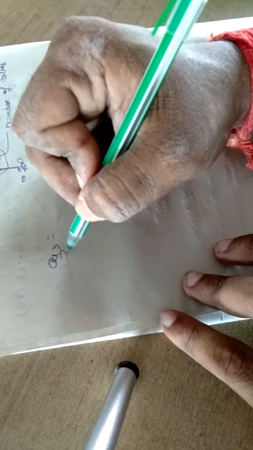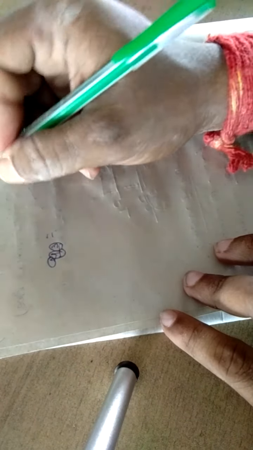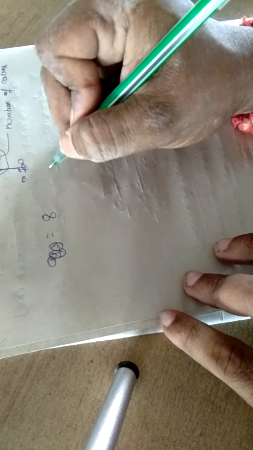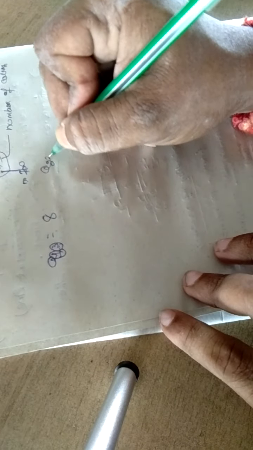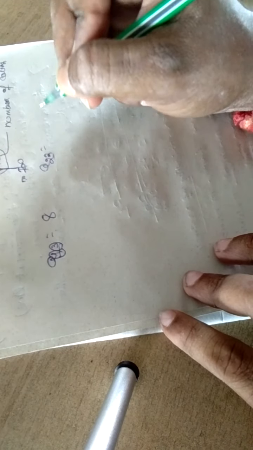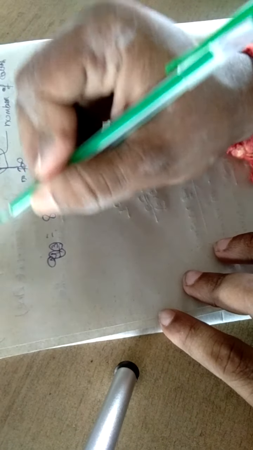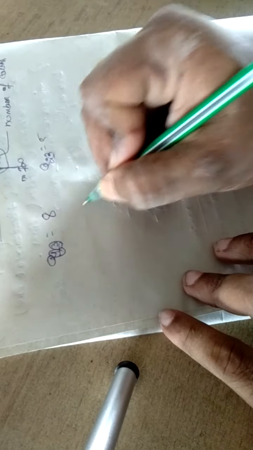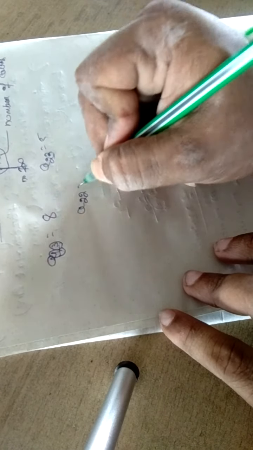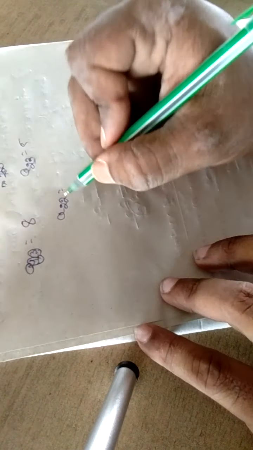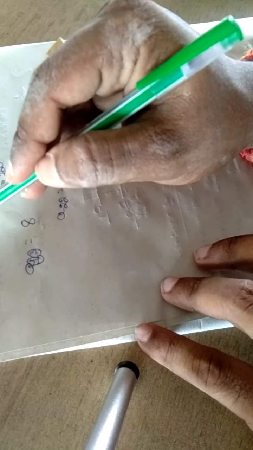So the first row, third column element is 8. Similarly, what is the element A23? A23 means second row and third column, which is 5. Similarly, A22 means second row and second column, which is 6.